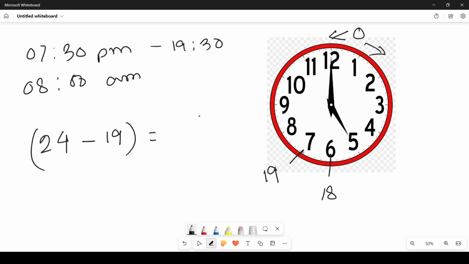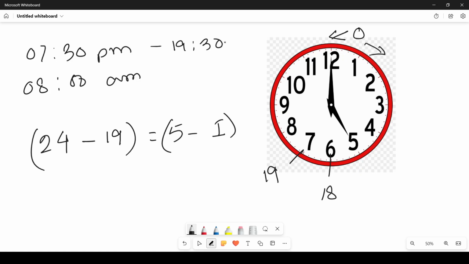Now the same principle goes here. He has started work, but he didn't start at 19 o'clock, he started 30 minutes past 19. So did he actually work the exact amount of hours? No. He has worked whatever we calculate by subtracting 19 from 24, which is basically 5, so we need to minus 1 hour from it.